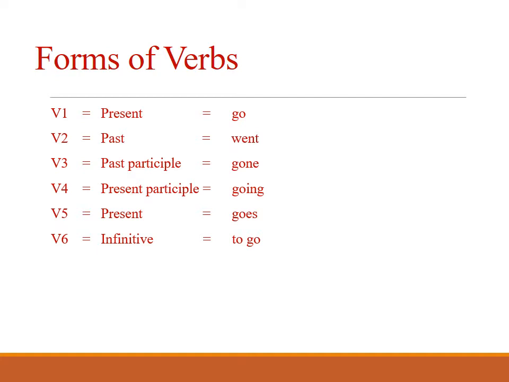So these are the six different forms of verb. Very important are the first four forms of verb, which we need in our tenses. So you need to remember thoroughly the first four forms of verb, though the fifth and the sixth are also important when we are doing our tense. So let us move on with our tenses.